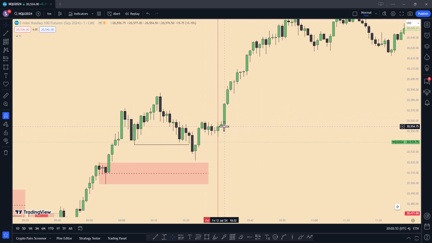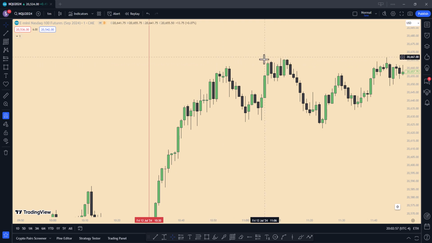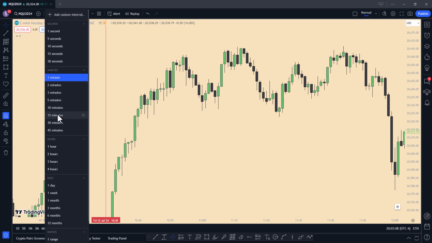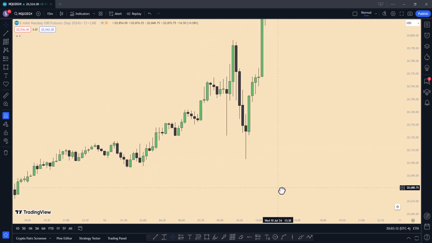Price started trading higher into here. So this was the reversal point. So price tapped something in here from the left, and then this happened right here. So if we go to the 15-minute, I believe, you can see it also on the 5-minute.